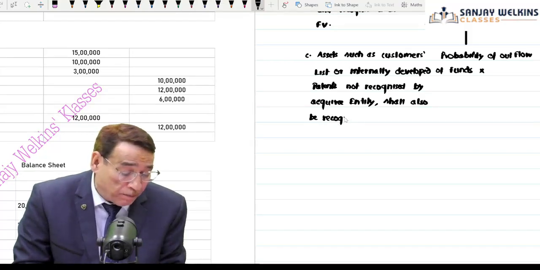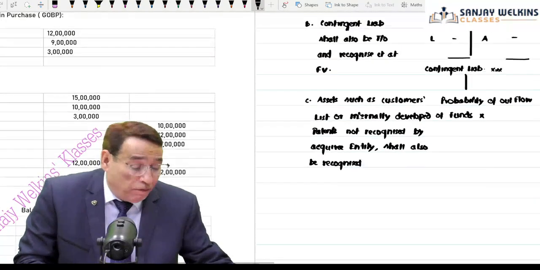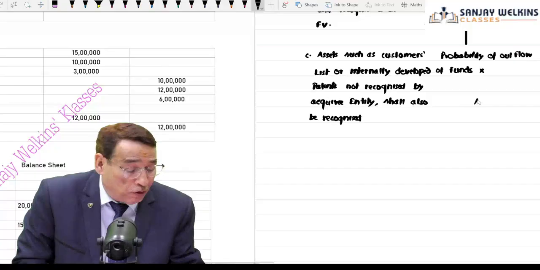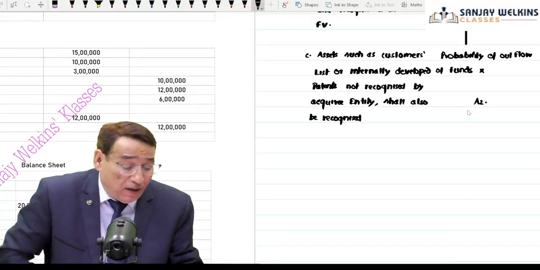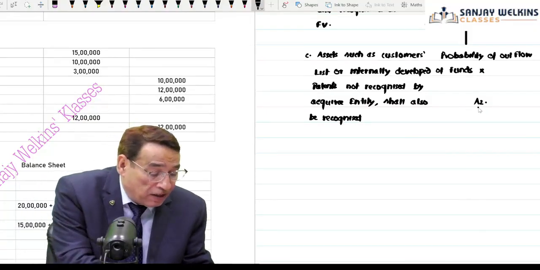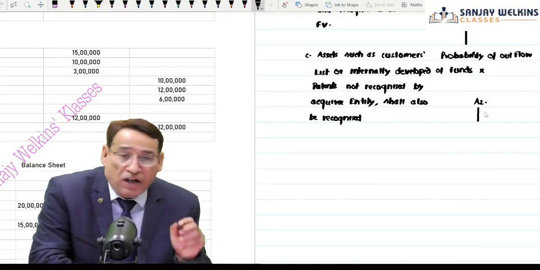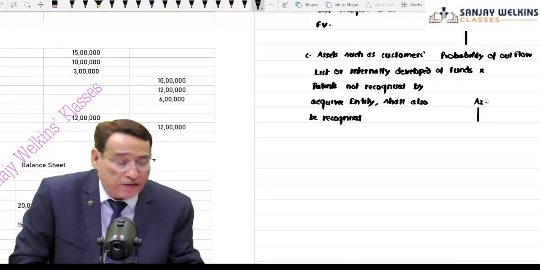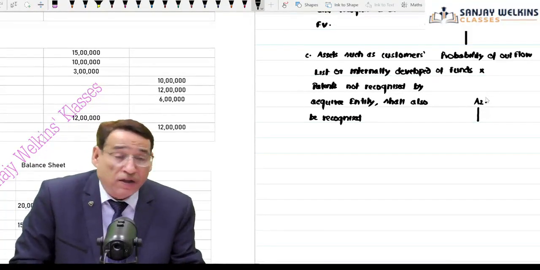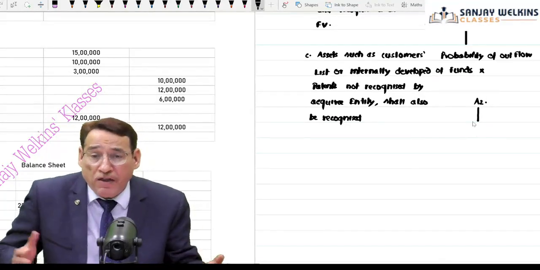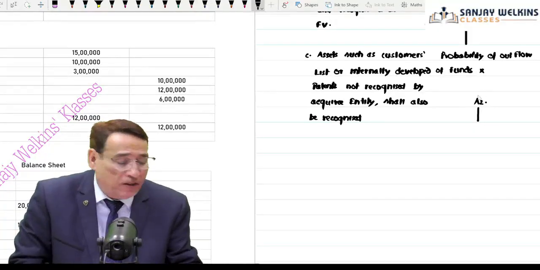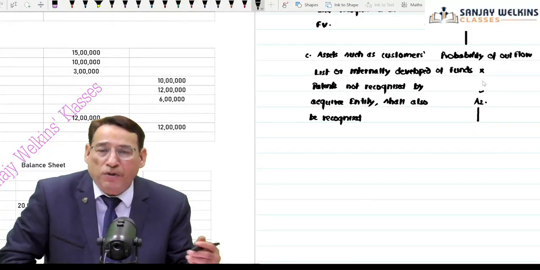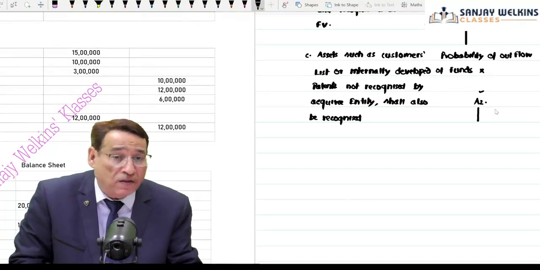What does it mean? For example, I'm taking over the control of A2. So A2 is obviously the acquiree entity. Now, this entity, let us say, is a startup company and it has a very strong presence in the market, correct? And it has got a customer list also. There are lots of clients, lots of customers of this particular entity. But this entity doesn't know, due to some reason, that the customer list is also an asset.